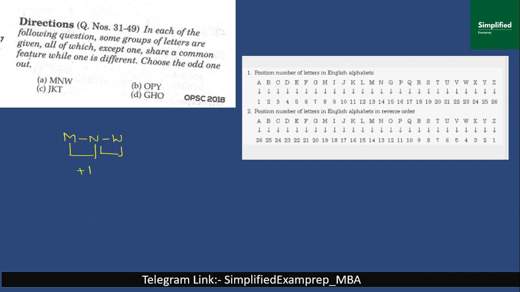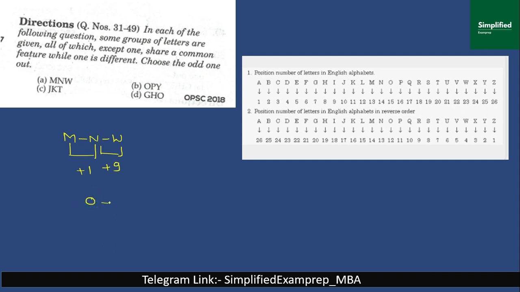What we have? N, then O, P, Q, R, S, T, U, W. We have to add plus 9. I am guessing here, you also have to guess. No one can know what the relationship built in these elements is.